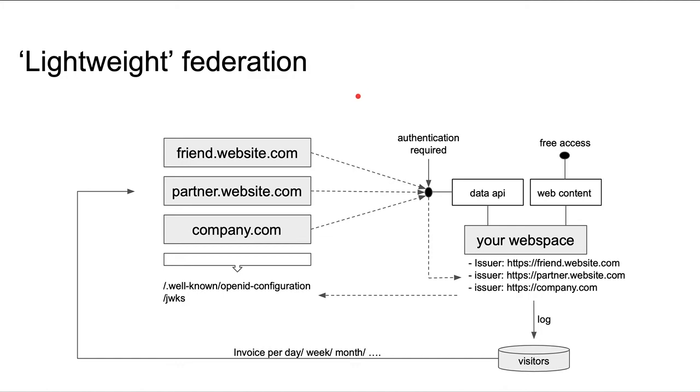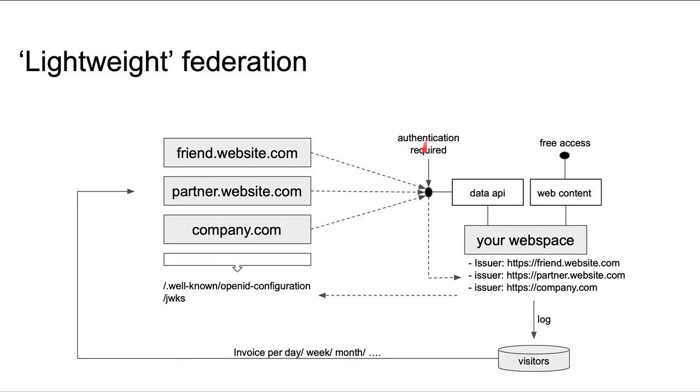But in this case, what I mean by lightweight federation is, let's say you've got a website and you've got web content which is freely accessible, but you also have a data API. And you would like to know who is using your data API. You are not concerned about an access token to protect access to anything. You just want to know who it is.